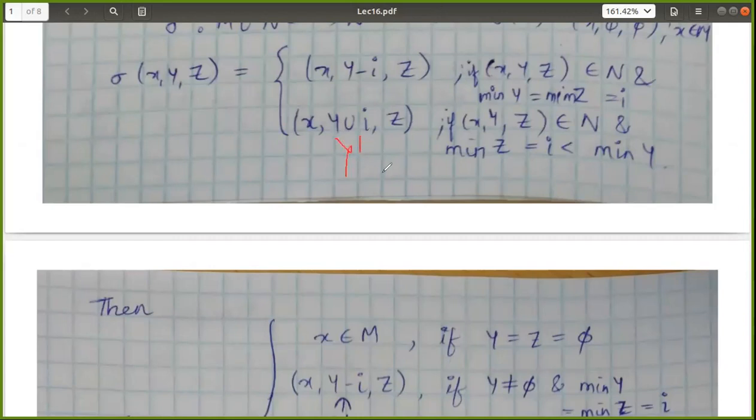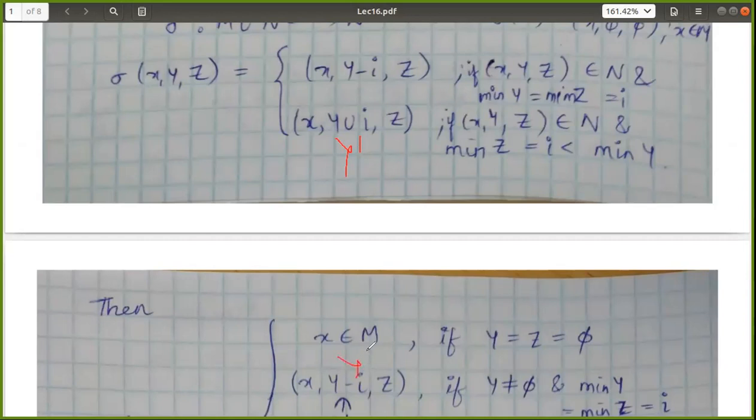y prime, then in the x, y prime, z triple, you have that their minimum elements are same, correct? So when the minimum elements are same, according to this definition, I take the minimum element out from the set y, which is y prime actually.